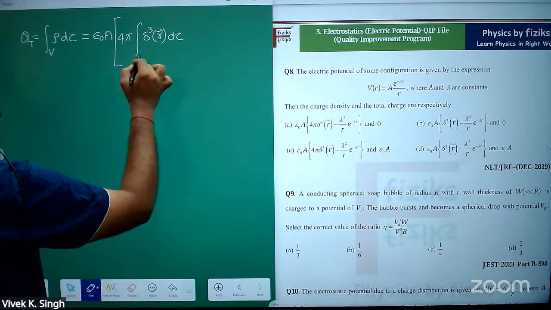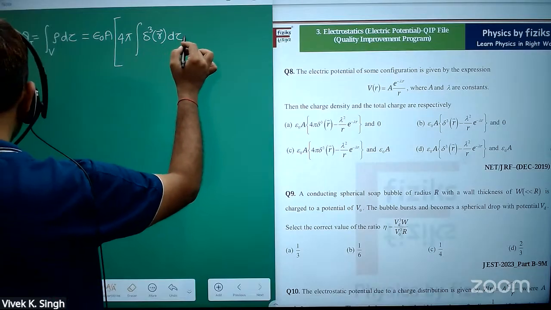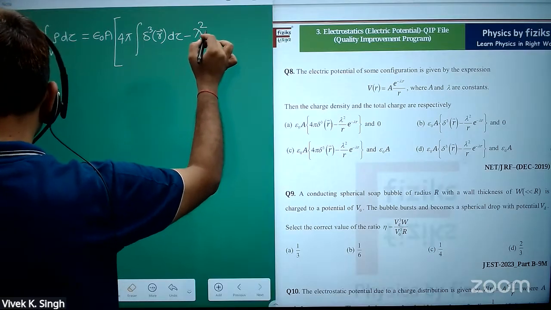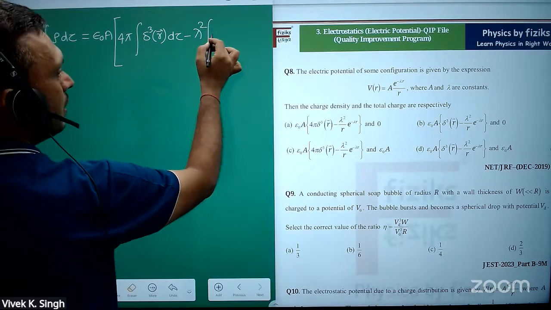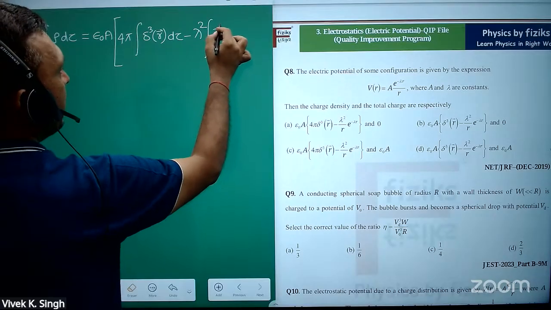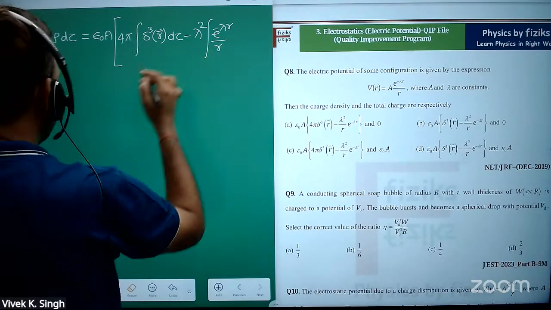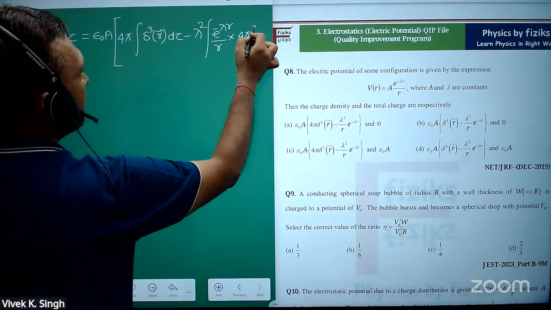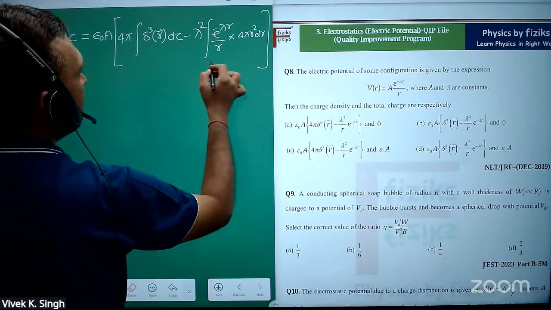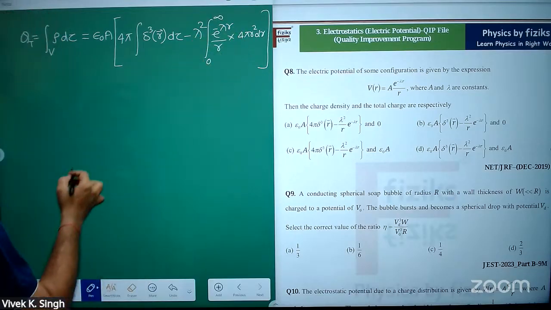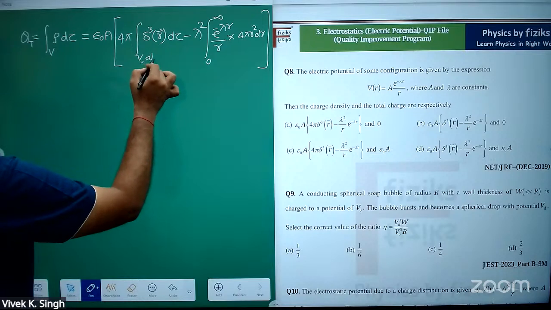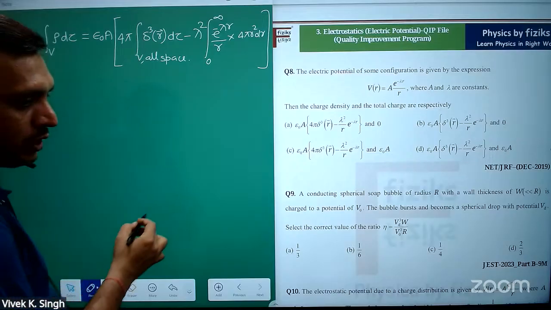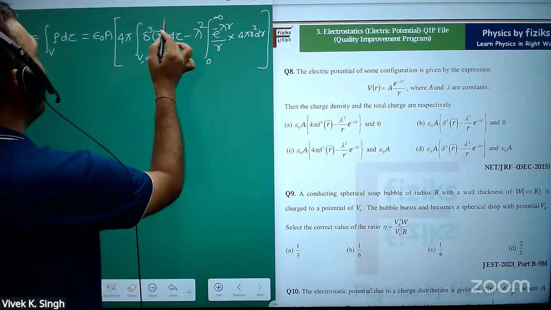And you have to integrate in whole space minus lambda square, exponential e power minus lambda r by r into d tau, and d tau is 4 pi r square dr, and this will be 0 to infinity, all space. And we know the property of delta function that this value will always be 1.